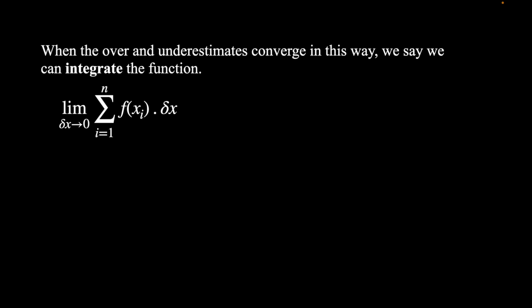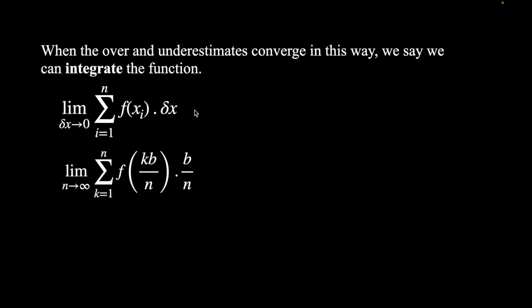Okay, so we had these two sums, and what we were really doing was taking a limit. So these two expressions you might see representing integration. So you're either looking for the limit as the width of the rectangles decreases to 0, or the limit as the number of partitions increases to infinity.